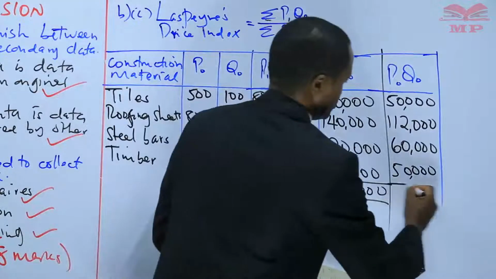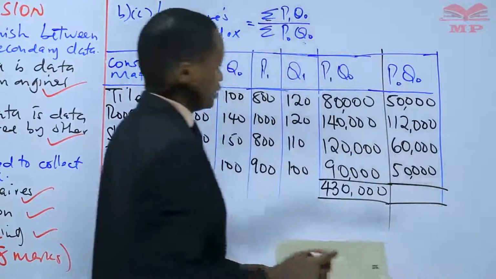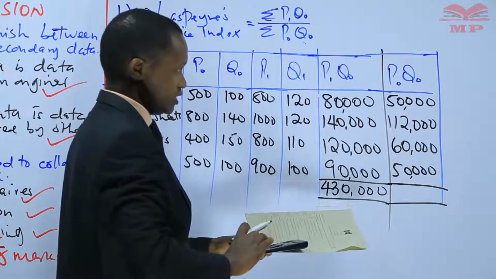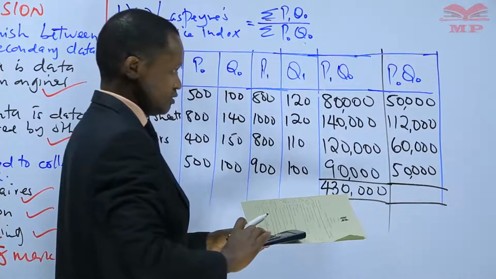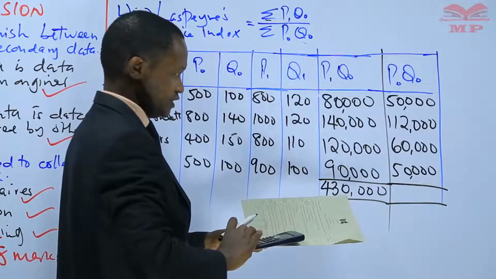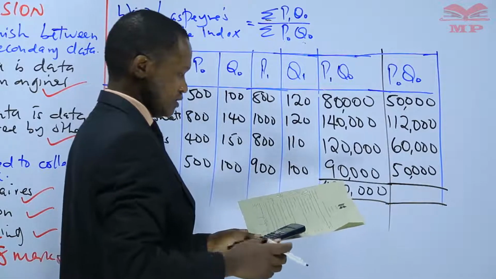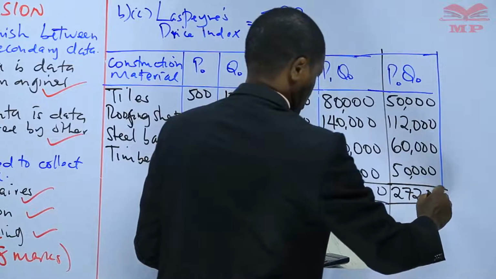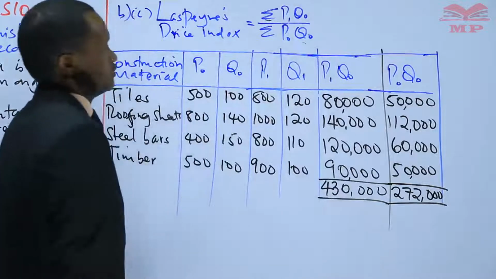What is the total? The total is 50 plus 112 plus 60 plus 50, which is 272,000.